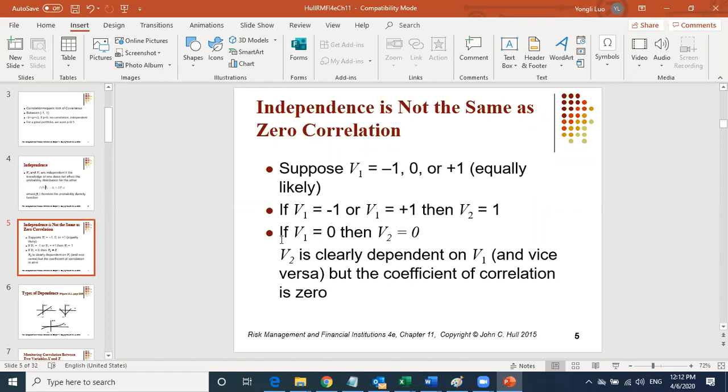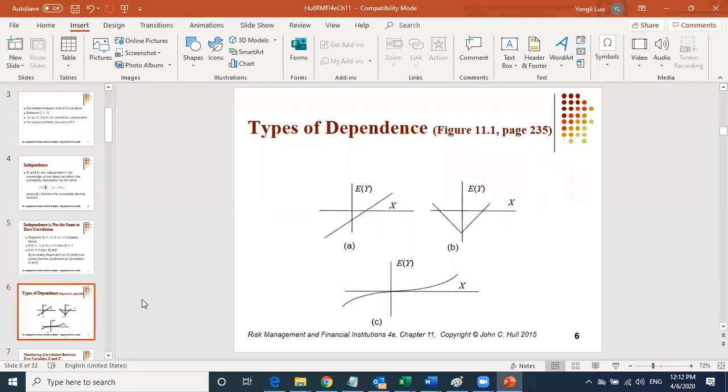Variable 2 is clearly dependent on variable 1 or vice versa, but the correlation coefficient is 0. So that could happen.